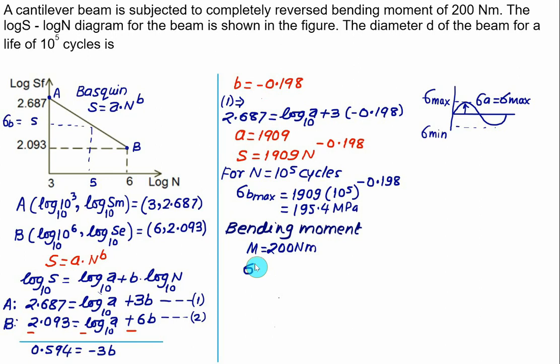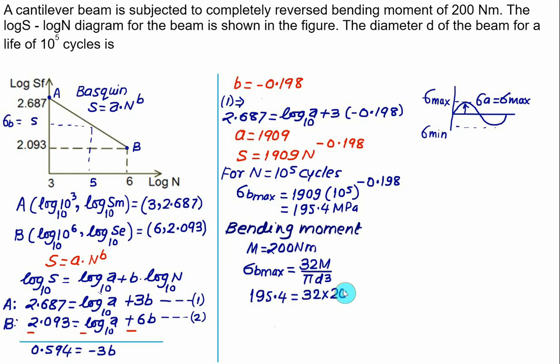We are interested to know the diameter, and we have a circular section. So the maximum bending stress in the case of a circular section subjected to bending moment M is given as 32 times M by pi d cube. And we have maximum bending stress produced is 195.4 equal to 32 times the bending moment, which is given as 200 Newton meter.